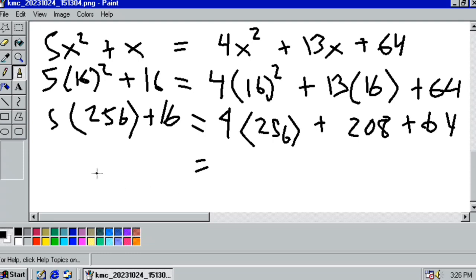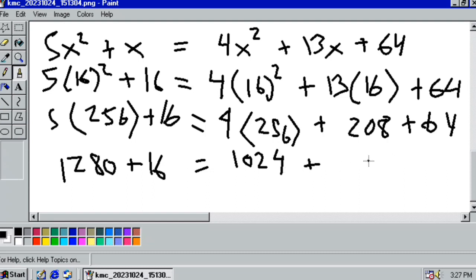Then 5 times 256 is 1280 plus 16. 4 times 256 is 1024. 208 plus 64 is 272.